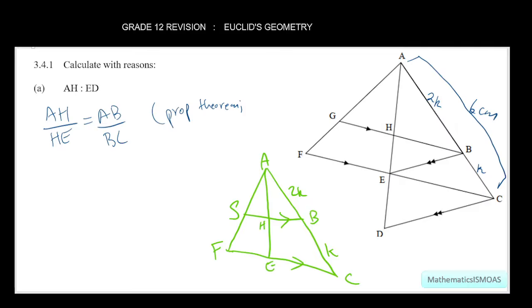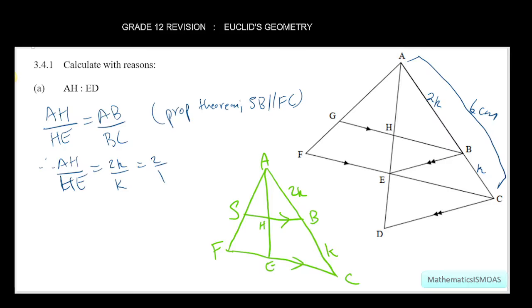Don't forget to give the parallel lines: GB is parallel to FC. Therefore, AH to HE will be AB, 2K, to BC, K. 2K over K will just be 2 over 1.